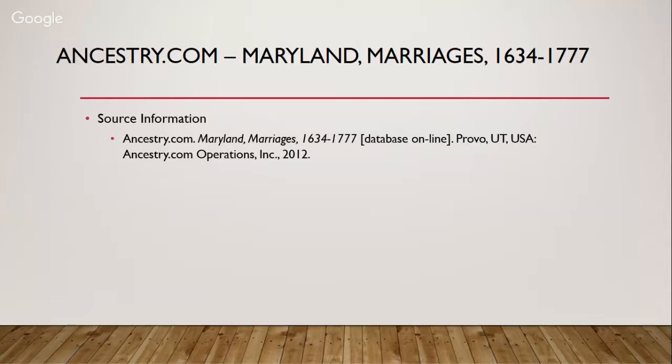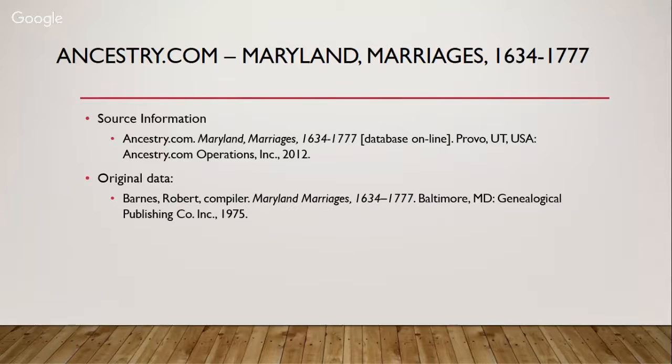We saw an image, but it says database online. And the publisher location is what that next bit of information is. And the publisher was Ancestry.com Operations, and it was done in 2012. So that's what Ancestry has told us, the source information.